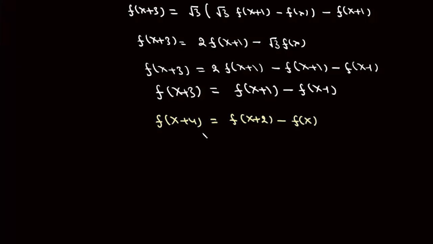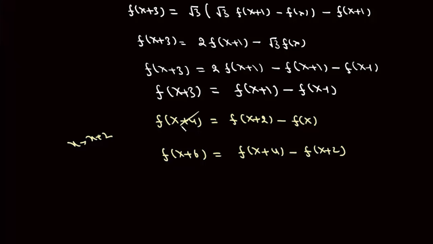Now we'll try and cancel x+2 and x+4. So we can write f(x+6). Here we'll replace x with x+2. It will be f(x+4) minus f(x+2). And if we add them, it'll cancel. This will also cancel. We'll get f(x+6) equals minus f(x).